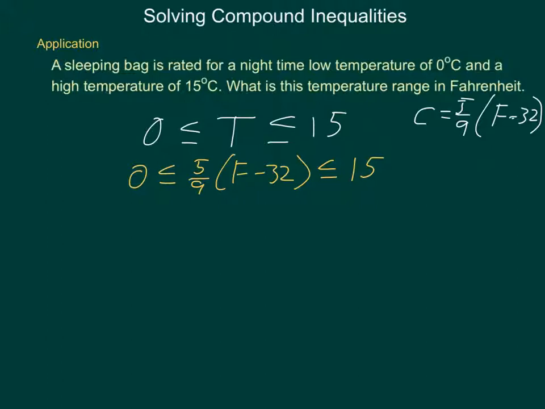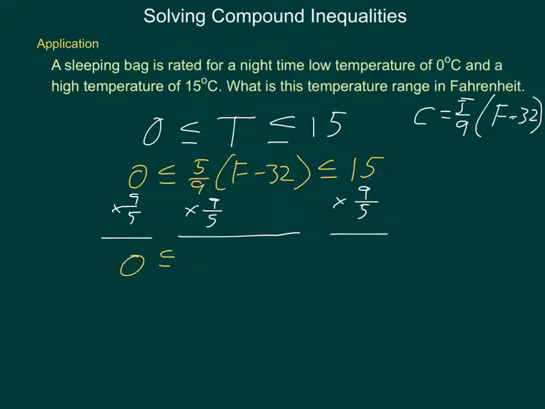So going through and solving this, I'm going to begin by multiplying all pieces by 9/5, because rather than dividing by the fraction 5/9, I'm going to multiply by its reciprocal. The far left-hand side, that's easy. I'm still going to come out with 0.